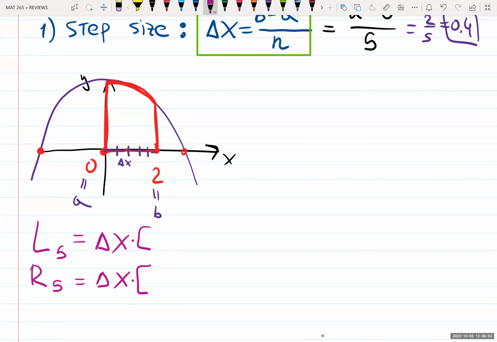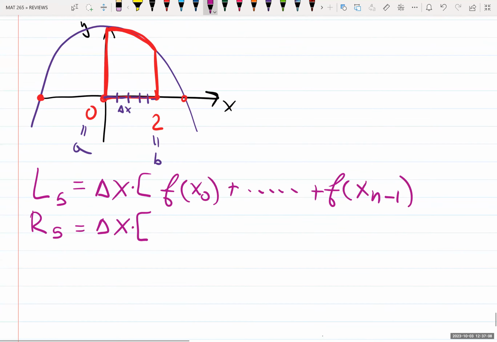Then the left one starts with the left endpoint, x sub 0, and so on. It doesn't go to x sub n. It stops one before it, because we only need the left ones. The very last one is the right endpoint, so we don't use it.